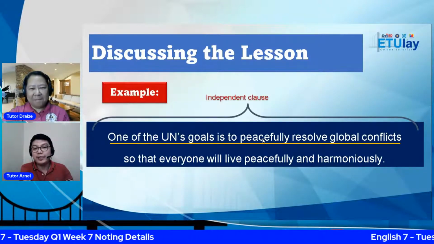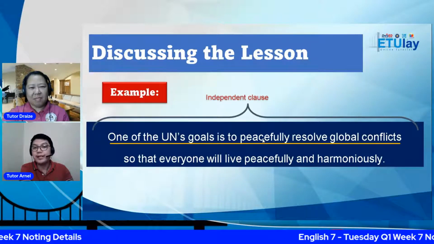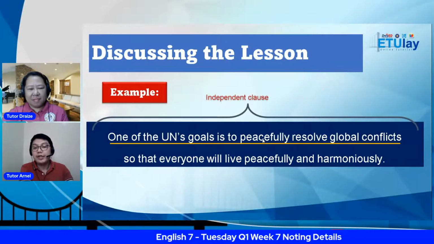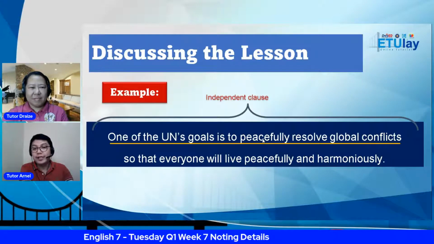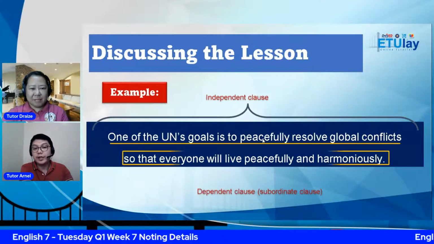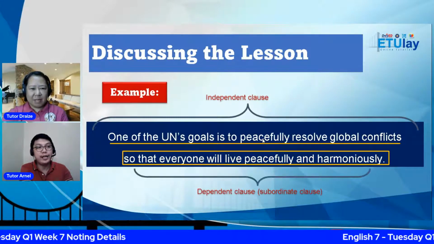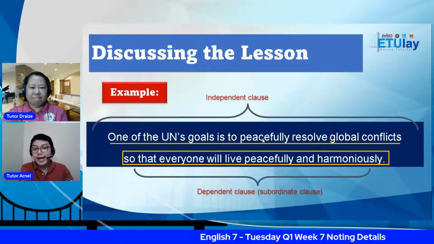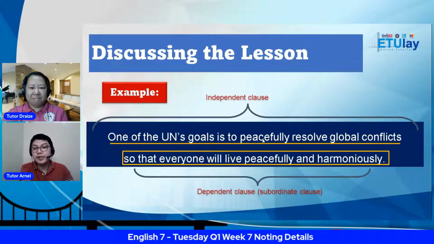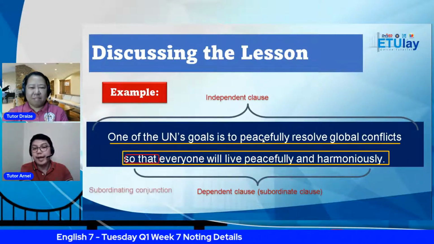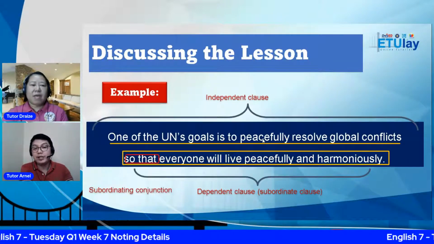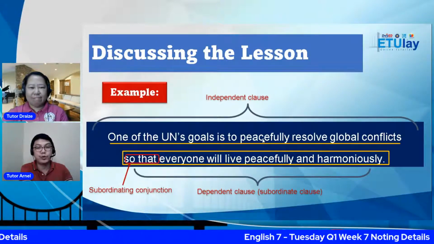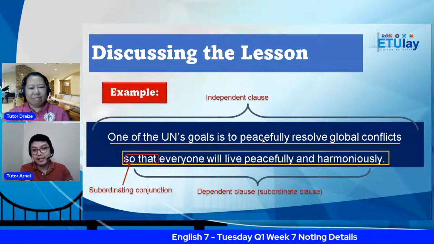Earlier in class, I told you that a dependent clause will never be complete without an independent clause. So obviously, the group of words that goes after the independent clause is what we call the subordinate clause, or the dependent clause. And you will know, class, if it's a dependent clause because it's always introduced by a subordinating conjunction. For this sentence, the subordinating conjunction is "so that."